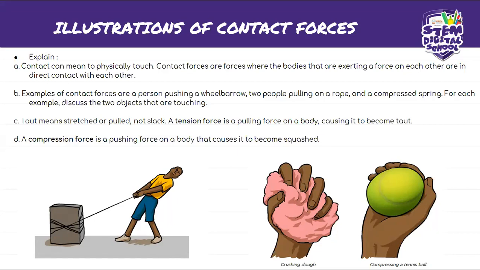There is tension in the rope being pulled by him, and there is friction between the block and the floor, and also friction between his feet and the ground. Then we have crashing, and compressing a tennis ball.